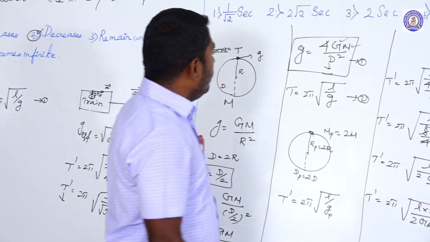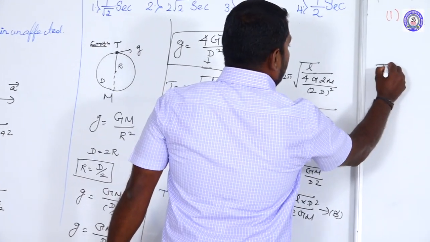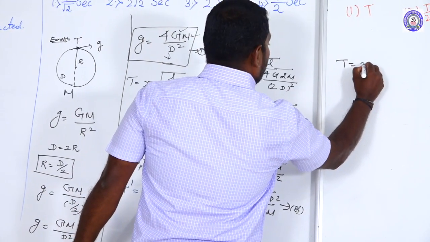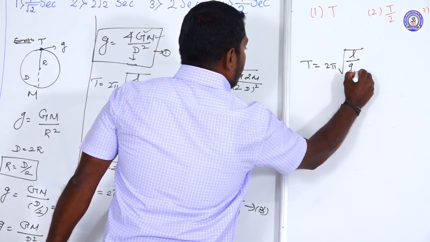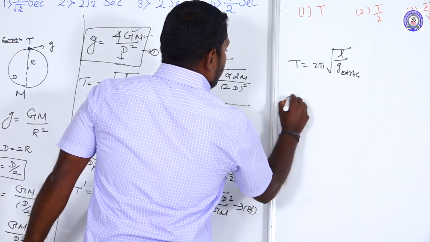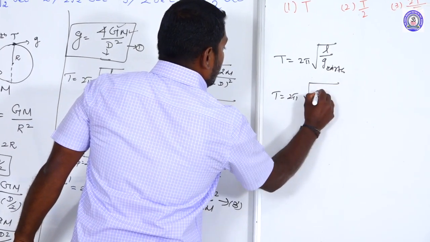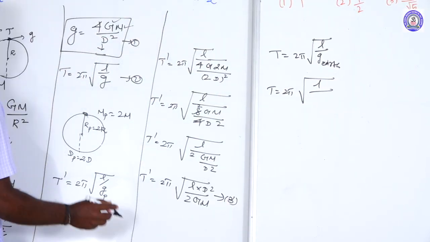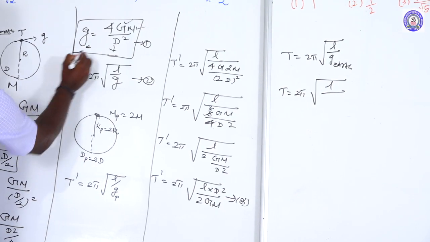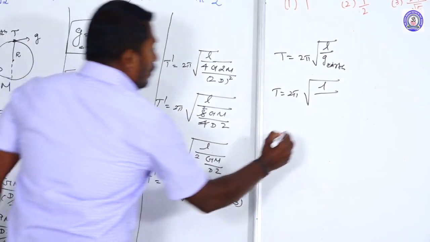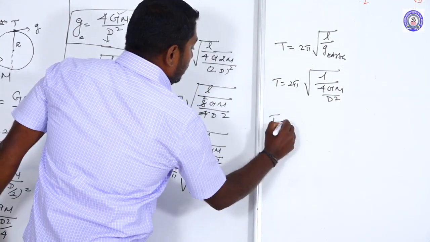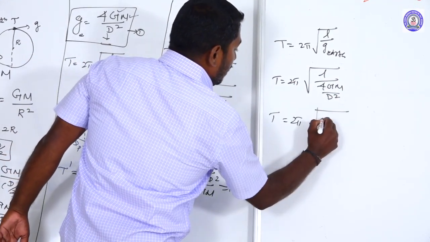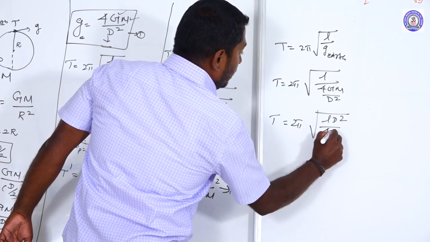In terms of diameter of the Earth, T is equal to 2 pi square root of L divided by g Earth. So T is equal to 2 pi square root of L divided by acceleration due to gravity at the surface of the Earth, which is GM divided by d square, then T is equal to 2 pi square root of L d square divided by GM.